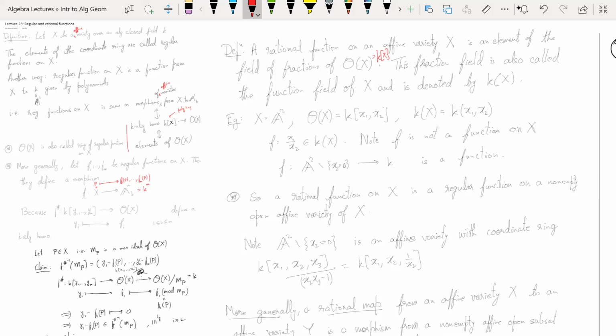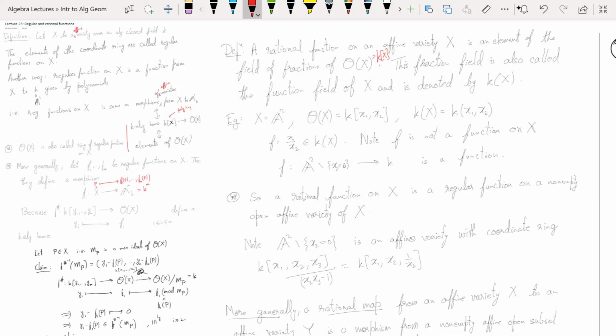So F at least makes sense away from this set, A2 minus x2 equals 0. If you want to picture it, you picture R2 minus the x1 axis, since x2 equals 0 means the x1 axis. Then this function makes sense, because x2 is not 0 on this set, and this fraction makes sense.